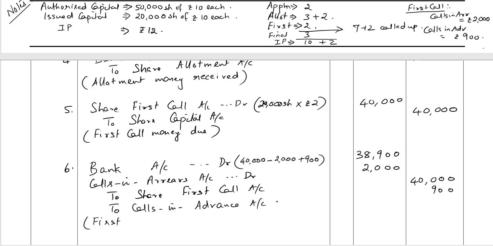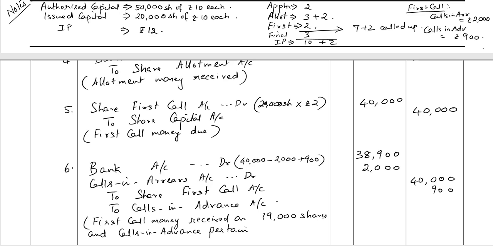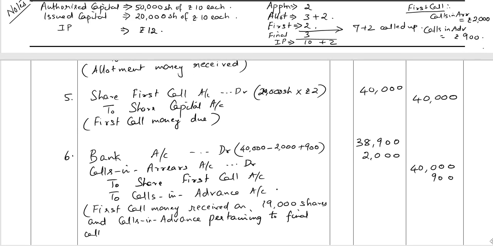This is for first call money received on 19,000 shares and calls in advance pertaining to final call received on 300 shares.